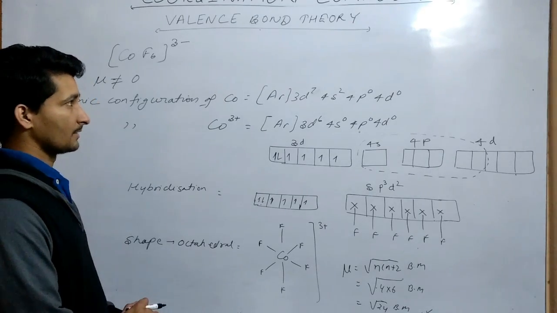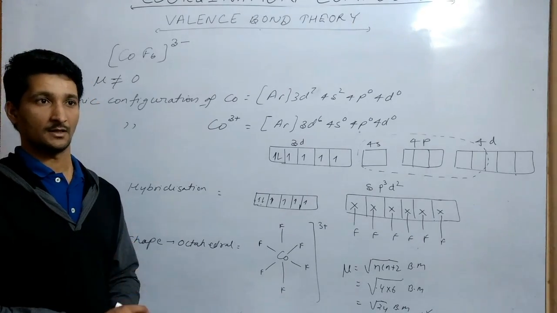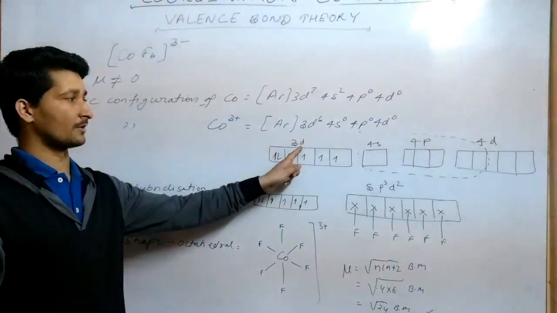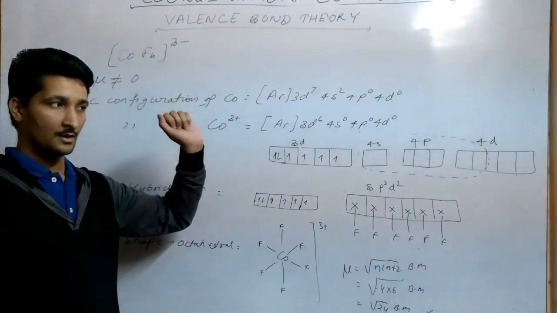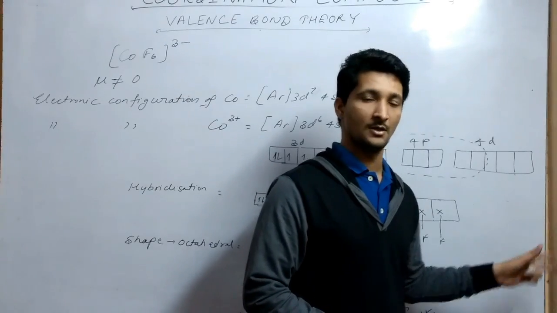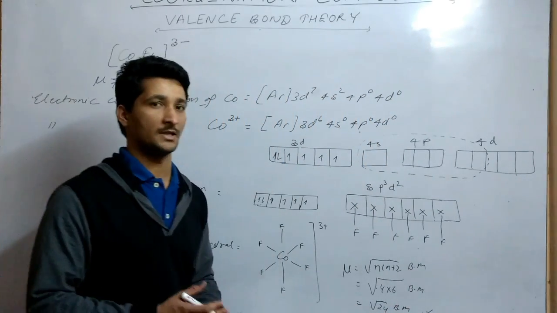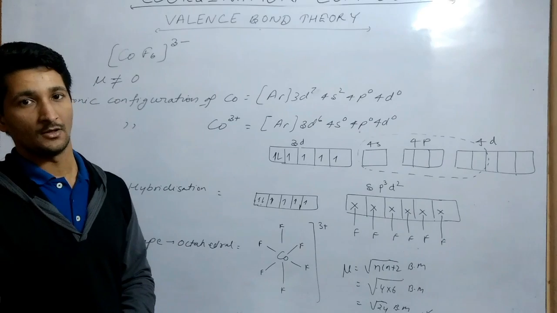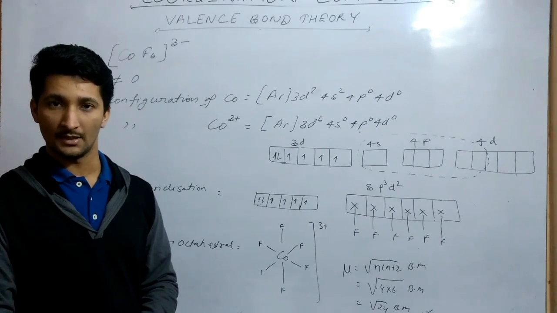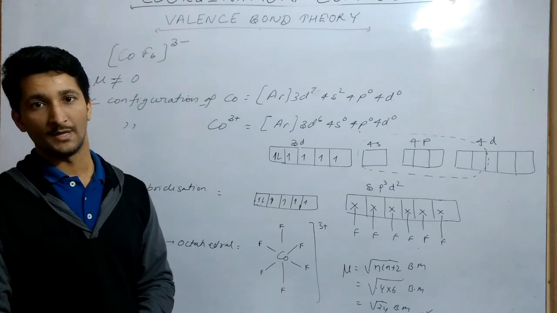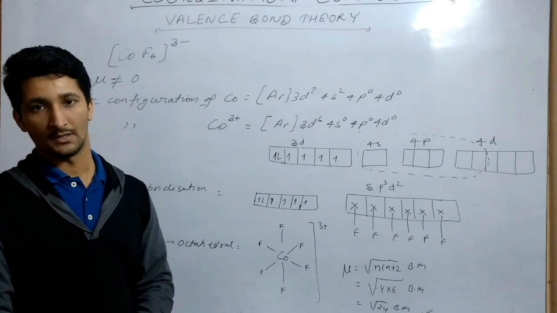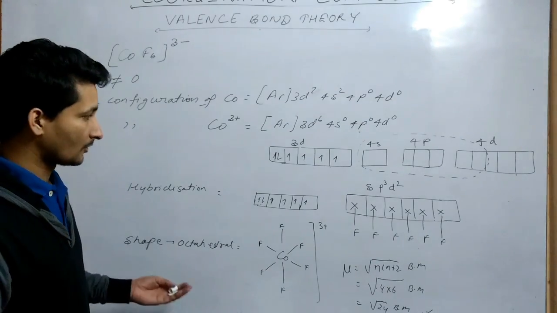But from here you have to remember one thing, that if pairing occurs, in that case we will use the 3d orbital, but if pairing does not occur, then we will use 4d orbitals. Or in a simple way, we can say that if pairing occurs, then the (n-1) d orbital is involved in hybridization, and if pairing does not occur, then the nth d orbital is involved in the hybridization. Okay, note it down fast.